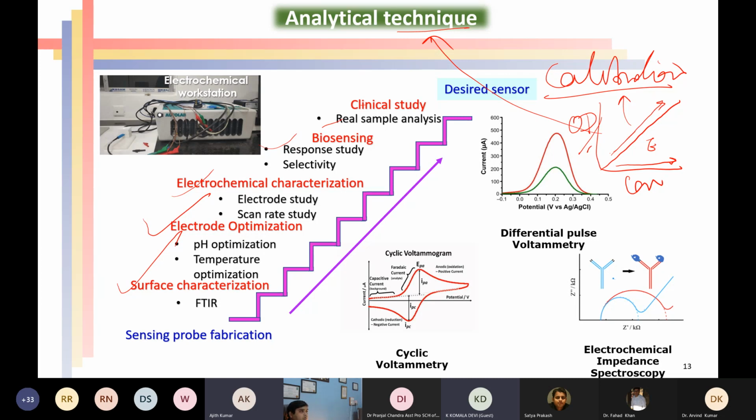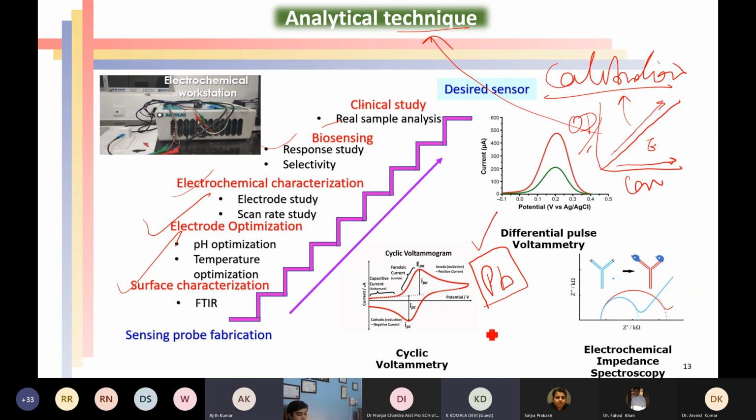How can you identify it? For example, you have prepared graphene. When you do the elemental analysis, if it has an impurity of lead, then when you do the elemental mapping or analysis, you can get a signal of lead.